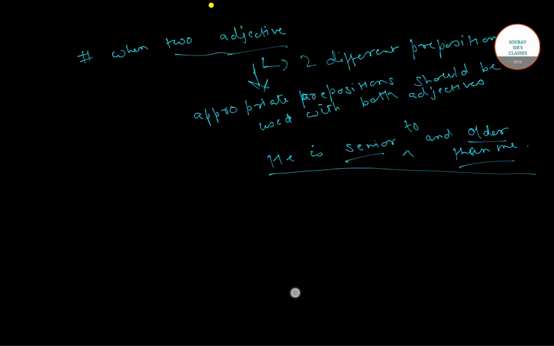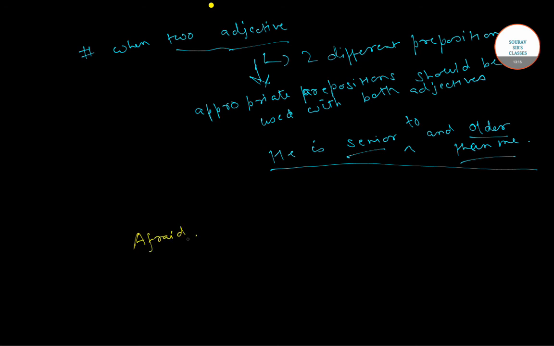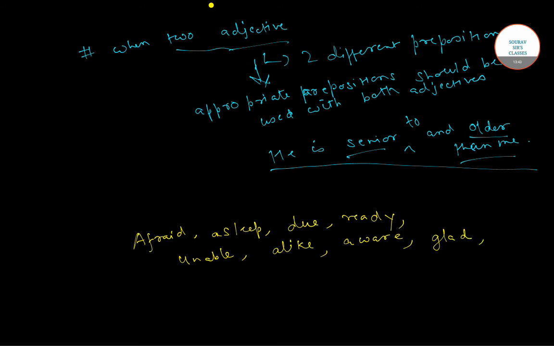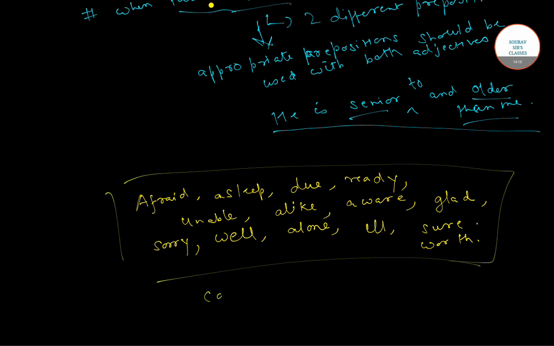Now there are some adjectives like afraid, asleep, due, ready, unable, then alike, aware, glad, sorry, then well, alone, ill, sure, worth, etc. So these are some of the adjectives that cannot be used before nouns.